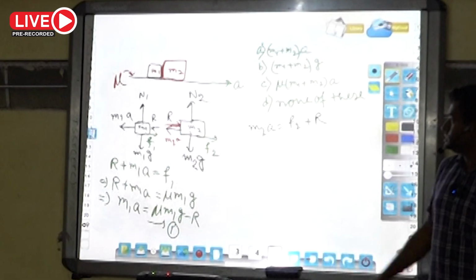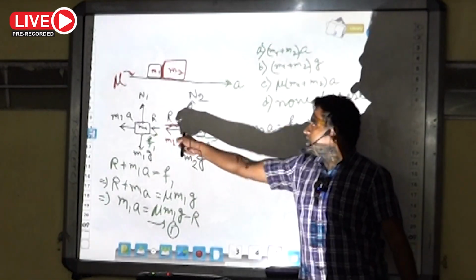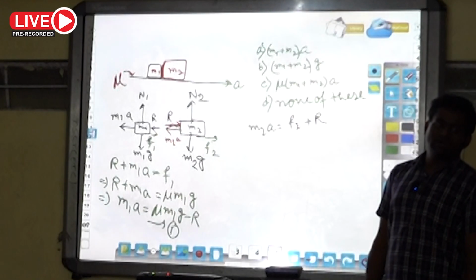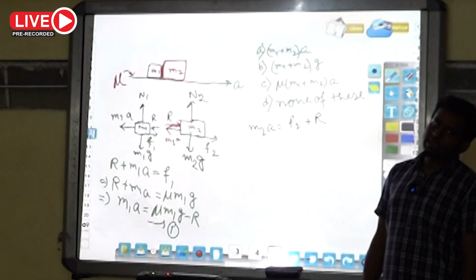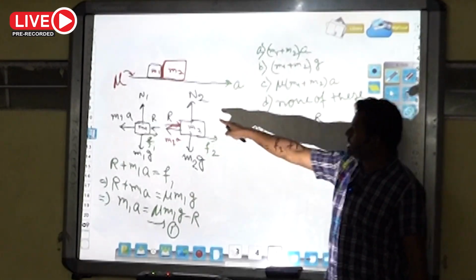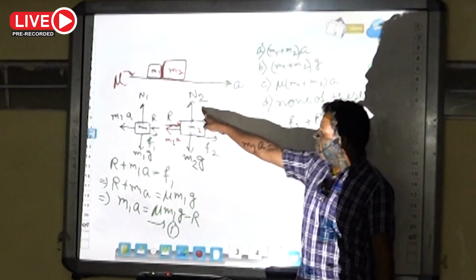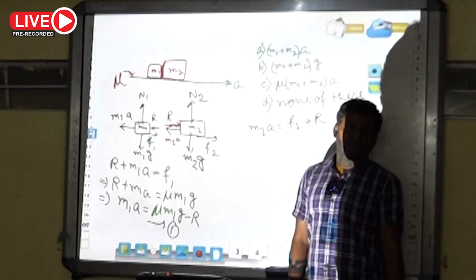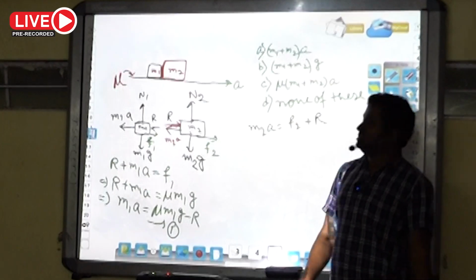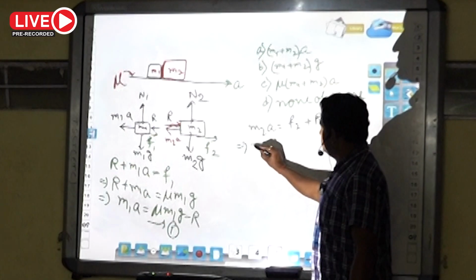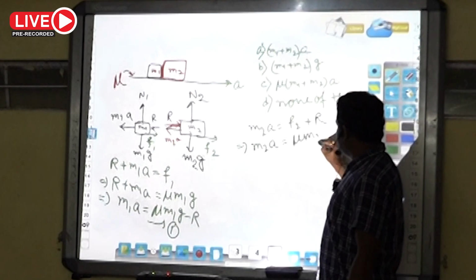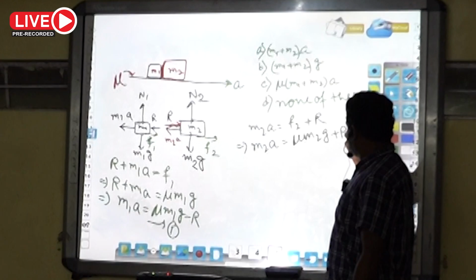M2A is in that direction, R is along this, F2 is along this. So M2A should be equal to F2 plus R. Similarly for vertical equilibrium, N2 equals M2G. So F2 is mu M2G. So I will substitute: M2A equal to mu M2G plus R.